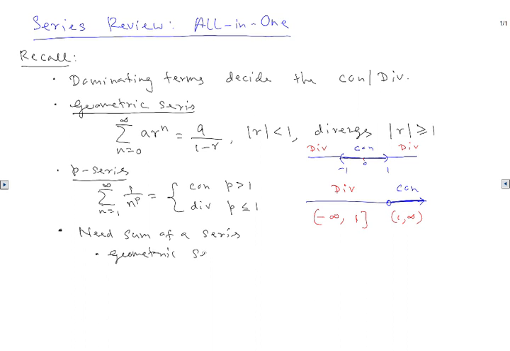We know that the sum is A over 1 minus R, where A is the first term. So find the first term, plug in the first index value, whatever the index value is. It can be 0, it can be 5, it can be 1000, whatever. The second method is the telescoping series. Those are the two main methods to find the sum of a series.